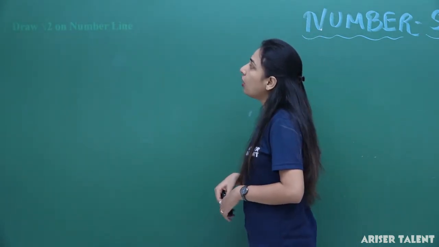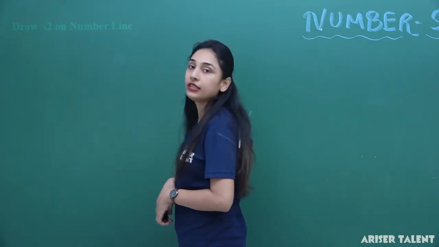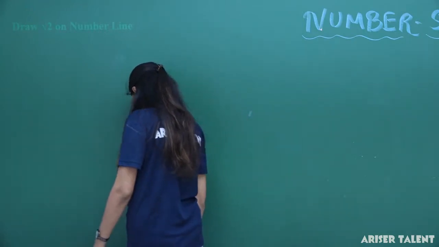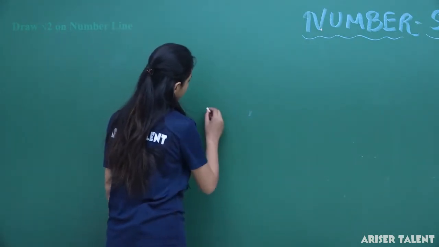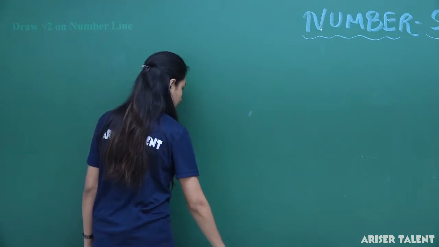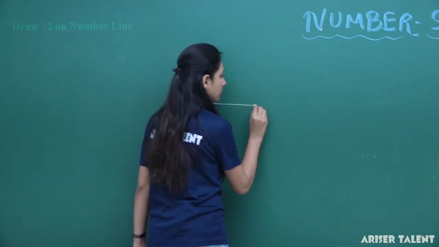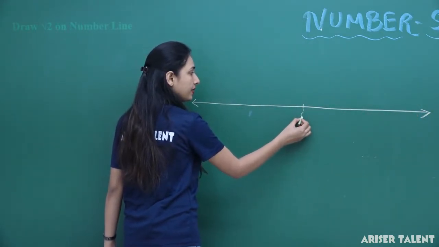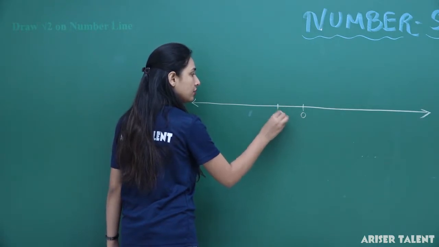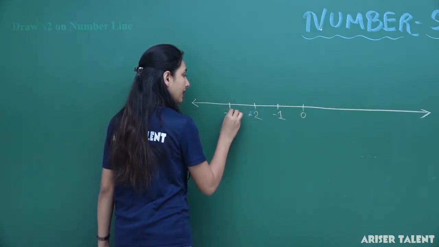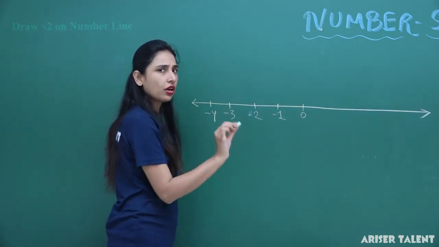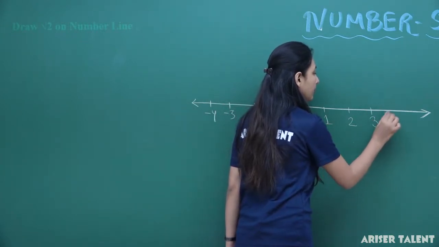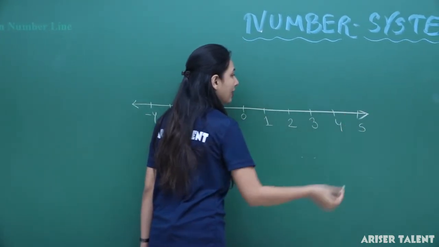Now, if you have a question like draw root 2 on the number line, how will you do that? You have this number line, and let us suppose this is the middle and that will be 0 for sure. Here -1, -2, -3, -4 for now. Now it will be 1, 2, 3, 4 and 5 and so on.